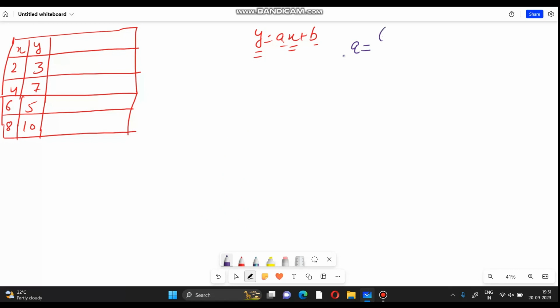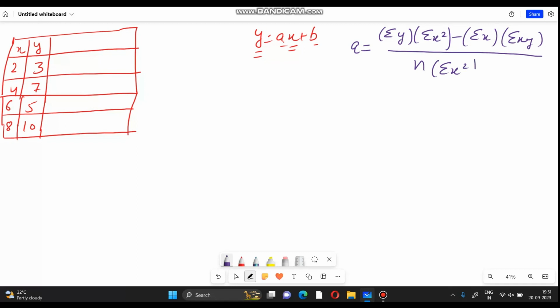a is calculated as sigma y, that is the sum of all the values of y, times sigma x square, minus sigma x times the sum of the product of x and y, and this whole divided by n sigma x square minus sigma x the whole square. And now the value for b.